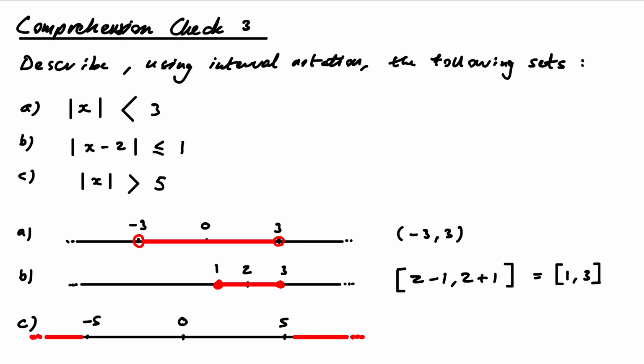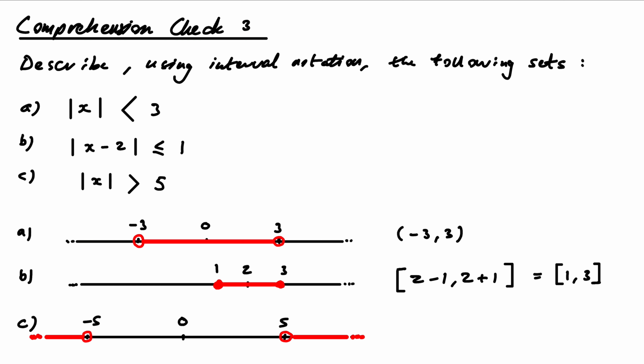Okay, so I've got to be bigger, distance strictly bigger than 5. Now, could I be inclusive of these minus 5 and 5? Well, no, because it's got to be strictly bigger. So again, same story as the first example. It's going to have to be an open dot, not inclusive.